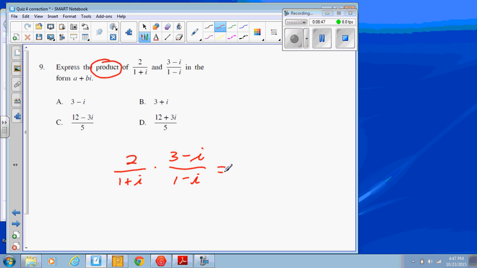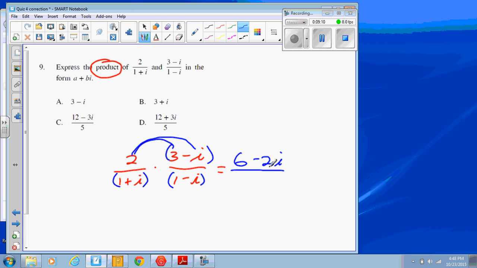So the numerator is going to be the top. Now, remember, this is basically thought of as parentheses here, because that's all one number. So I multiply 2 times 3 minus i. That becomes 2 times 3, which is 6, and then 2 times negative i is minus 2i.